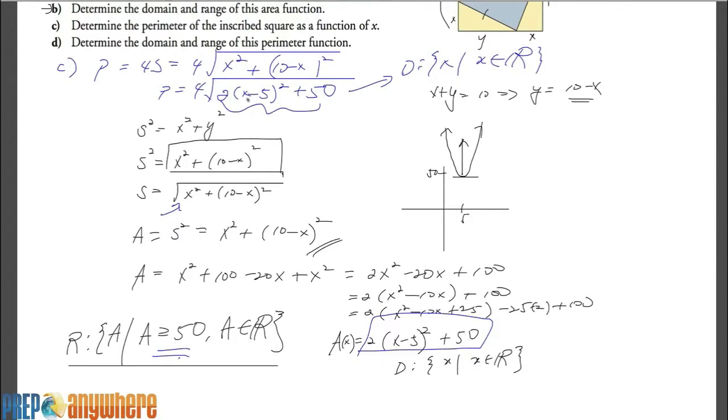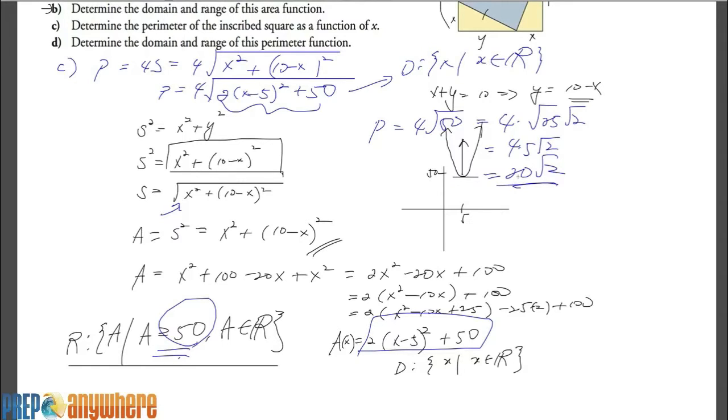Now the range: what is the lowest value of this inside function? We already determined that was 50. So the smallest perimeter is going to be 4 times root 50, which is 4 times root 25 times 2, so 4 times 5 root 2. So it's 20 root 2.